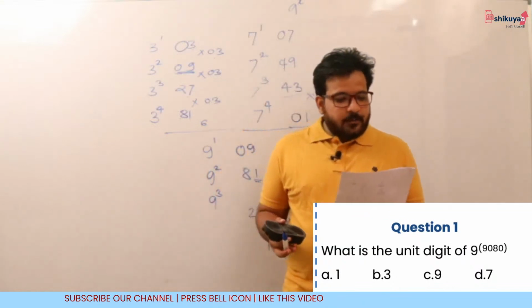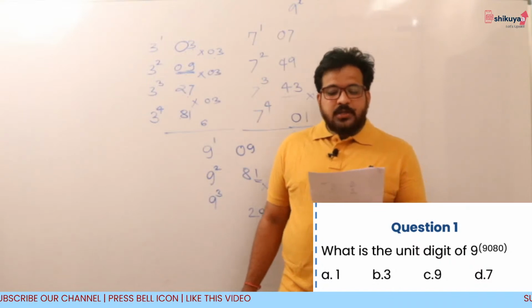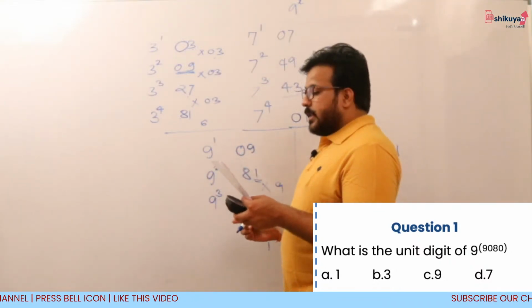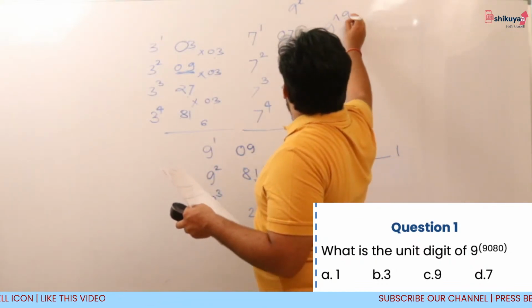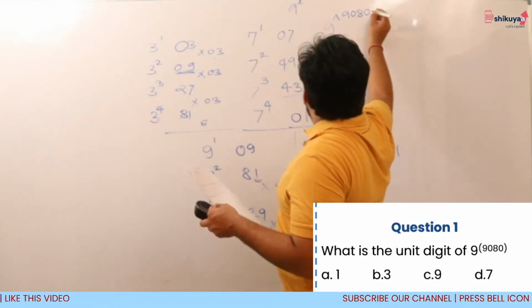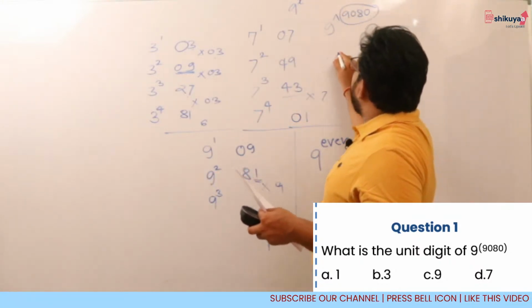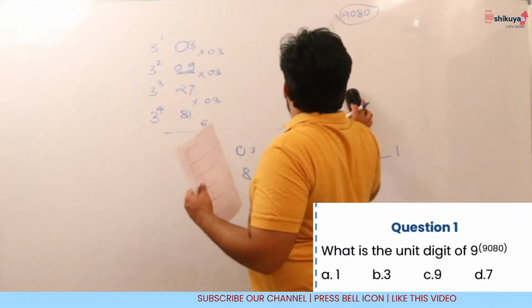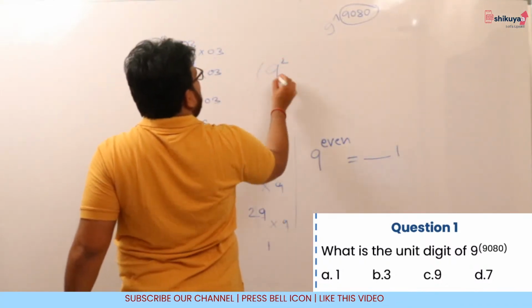So in the first problem, the answer will be 1. Because what is the unit digit of 9 raised to 9080? Now, as this is an even number, the pattern here is 9 raised to 2 raised to n.